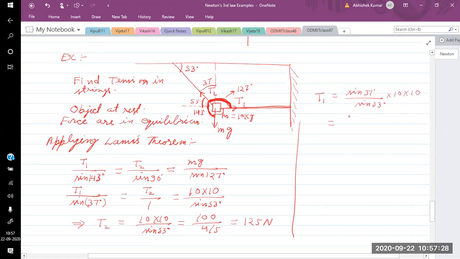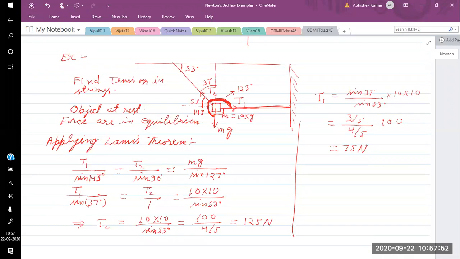So sine 37 is 3 by 5, sine 53 is 4 by 5, into 100. So that is 3/4 of 100, so 75 Newton. So the tension in T2 will be 125 Newton and tension in T1 will be 75 Newton.